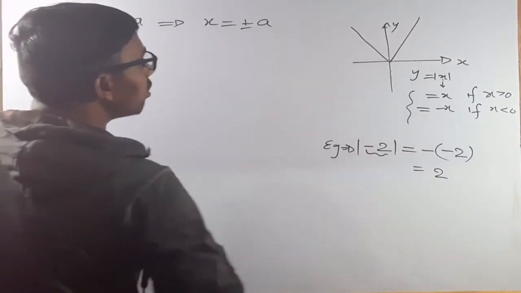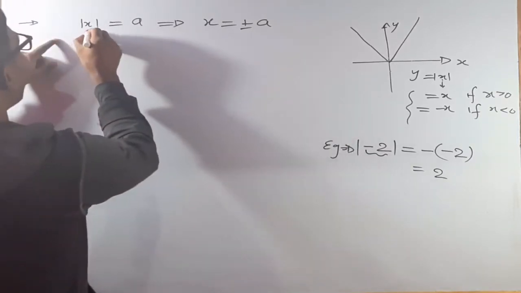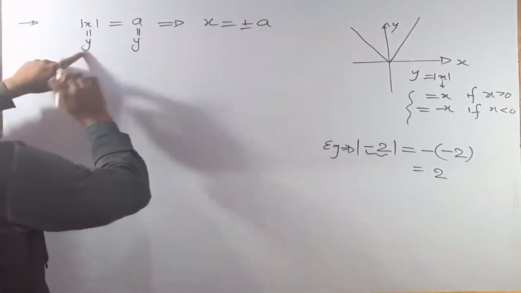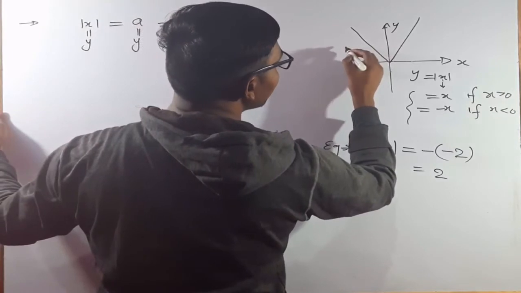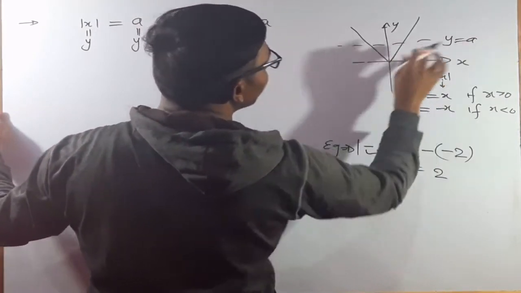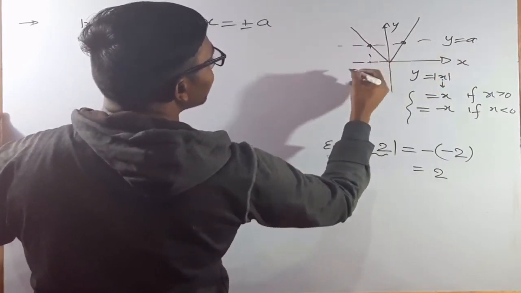With the graph we can see also. Here this is the modulus function. I'm assuming a y. I'm assuming also a y, because both are equal now. If a is positive or negative, this doesn't matter for me. So here y is equal to a. Here this line and the modulus function are intersecting at 2 points. That's these 2 points.